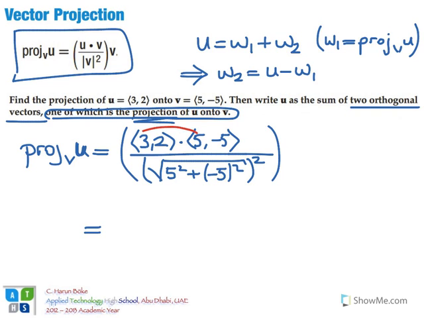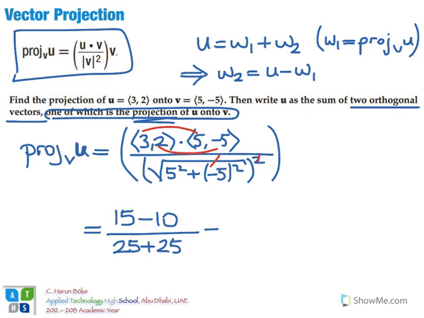So 3 times 5 is 15, plus 2 times minus 5 is minus 10, so plus minus makes minus. It will be 15 minus 10, divided by, well, here this square cancels the square root, so we don't have any square root anymore. 5 squared will be 25, plus minus 5 squared will be 25.